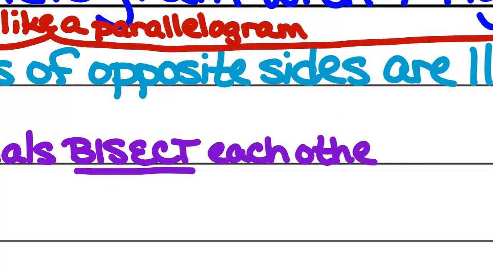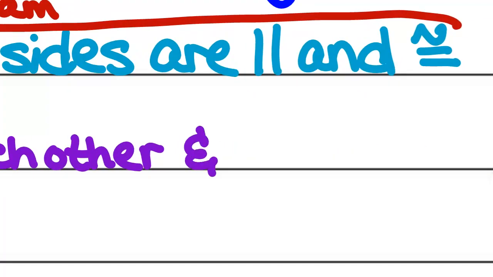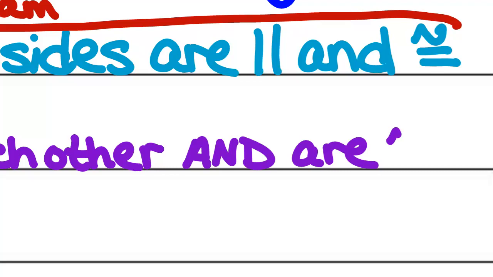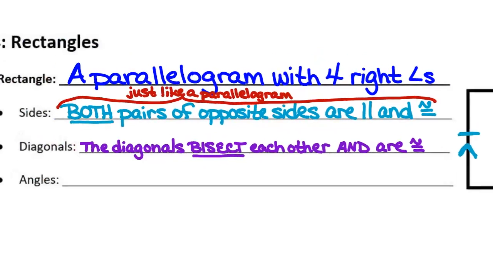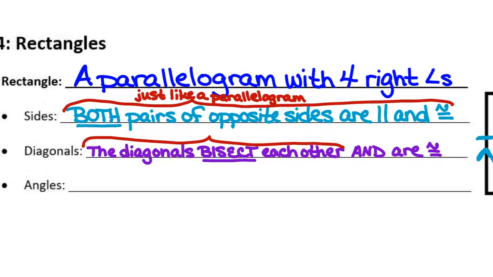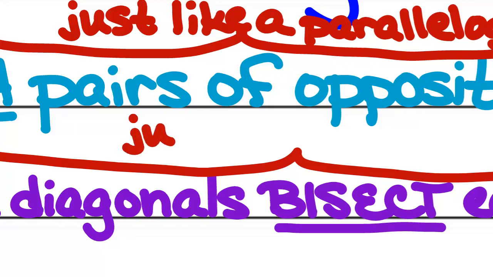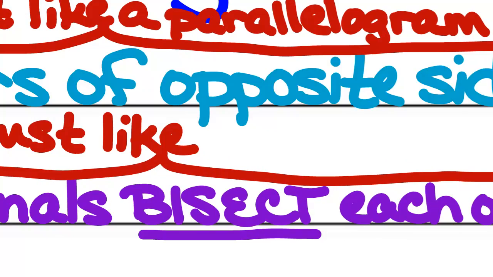And because of those four right angles, they are congruent. So the first part is just like a parallelogram. And then we have one more characteristic that is special for rectangles.